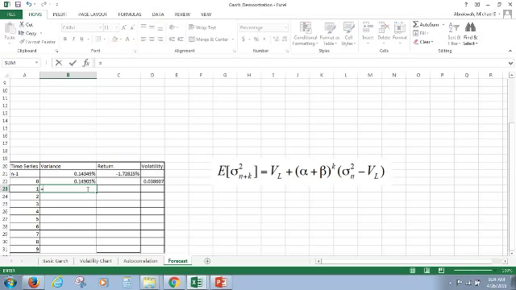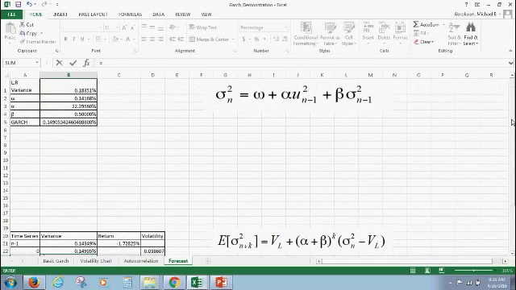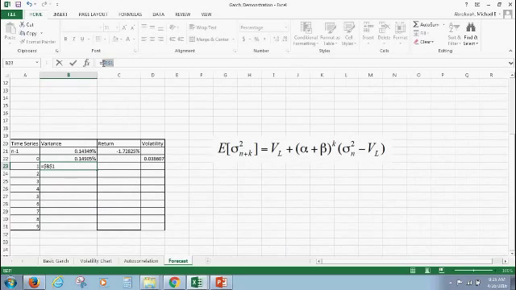So it's another important point. We're going to apply this formula to generate the variance inputs and then the volatility inputs. Step one is the long-term variance. So long-term variance is up here. I want it to be a reference cell for when I use the formula repeatedly to populate the other cells.